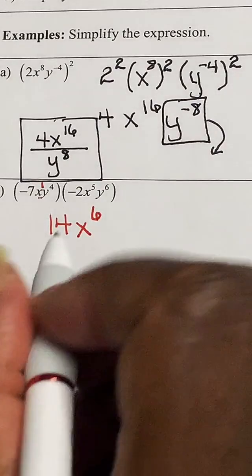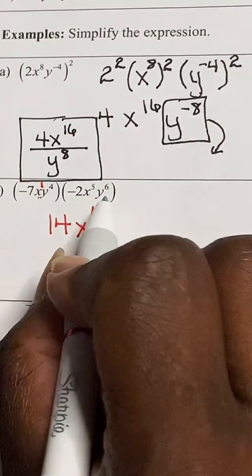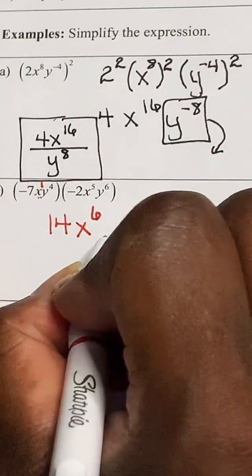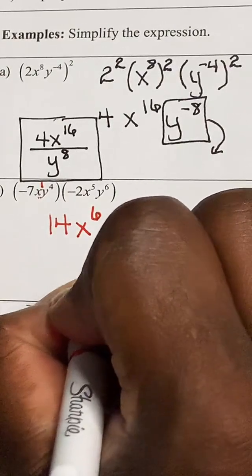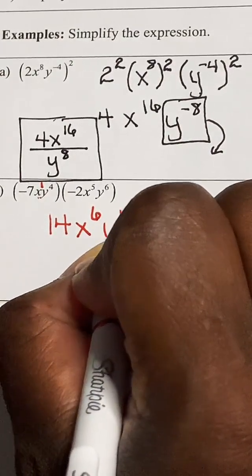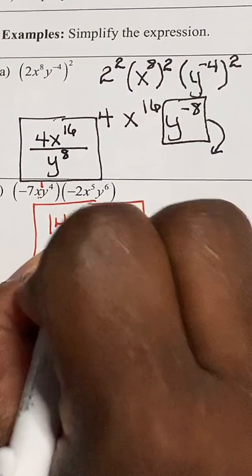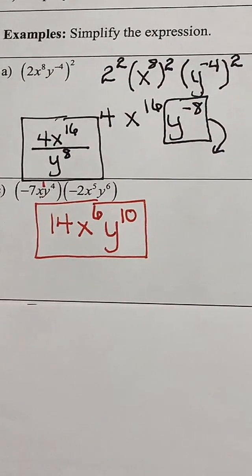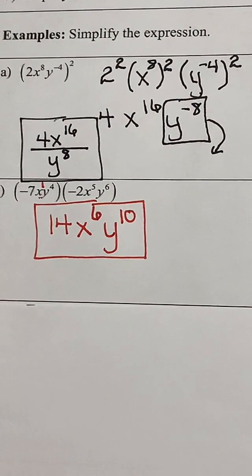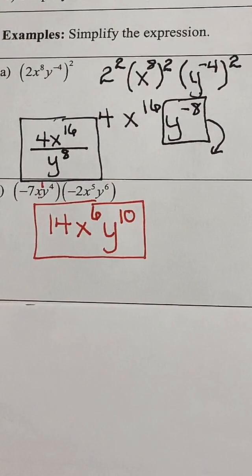Same thing with the y's. You have y to the 4th power times y to the 6th power, and that 4 plus 6 will give us 10. Okay. Good. In God we trust. Nice one.